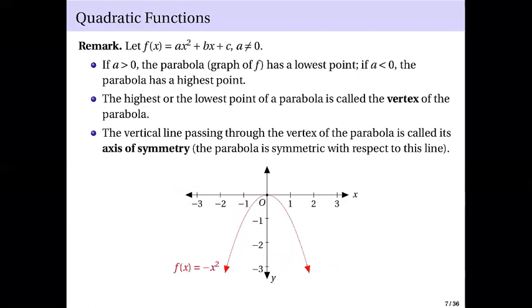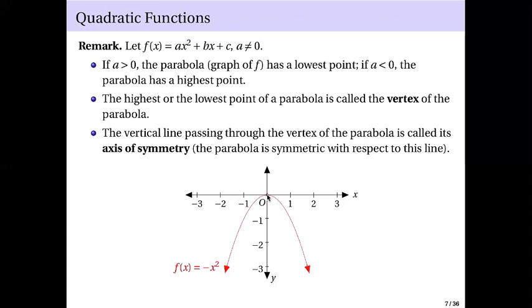If a is less than 0, in here you have f of x equals negative x squared. So a here is negative 1. So again, it opens downwards because a is negative. In this case, it has the highest point here.